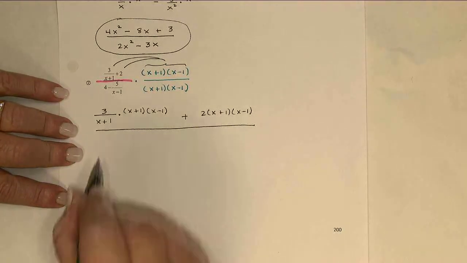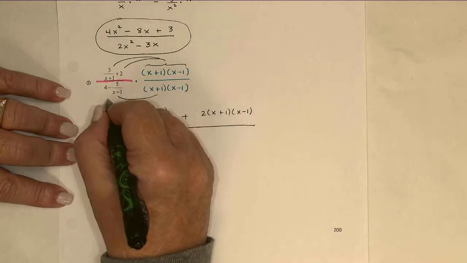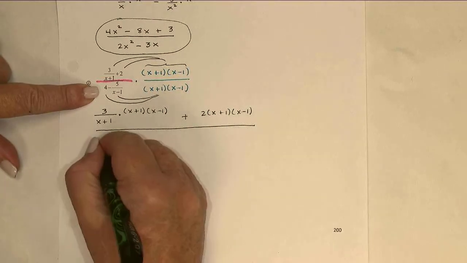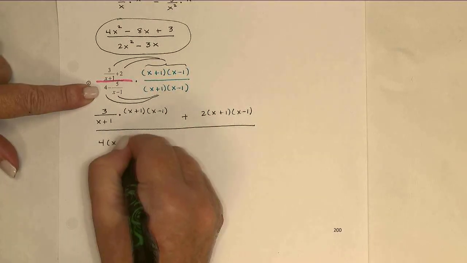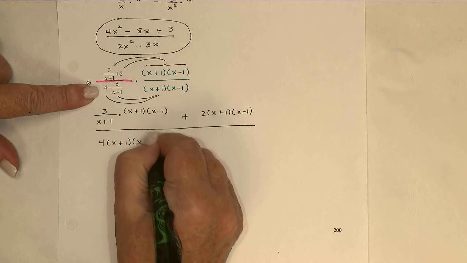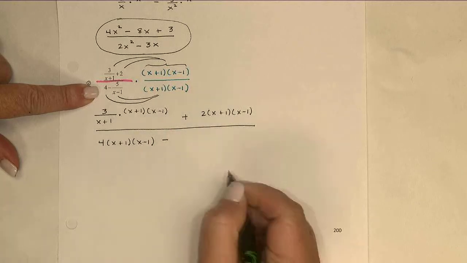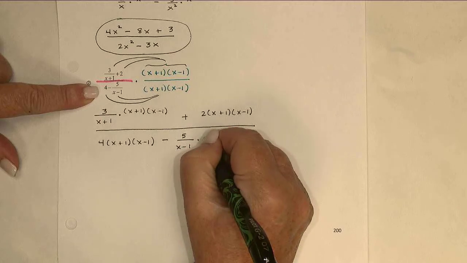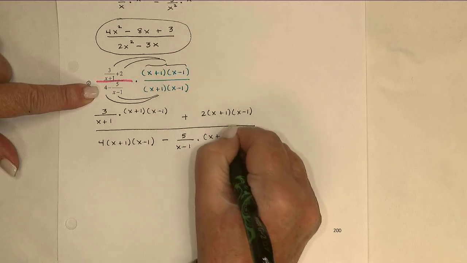On the bottom, same deal. I would have 4 times x plus 1, x minus 1, minus the fraction 5 over x minus 1 times x plus 1, x minus 1.